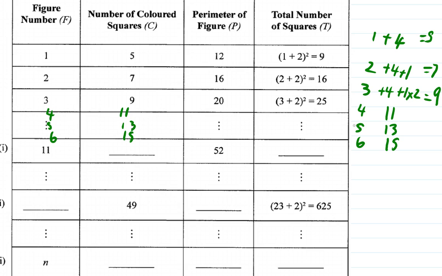Now, if you have the 4, something happens to the 4, and you get out 11. What could it be? Plus 4. It seems as if the 4 is a common factor throughout.